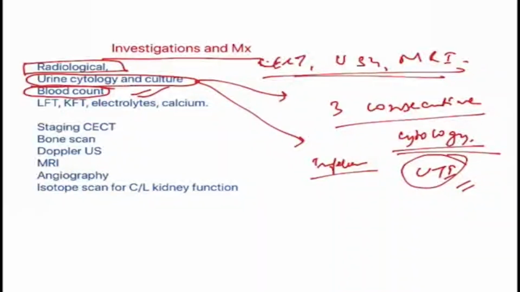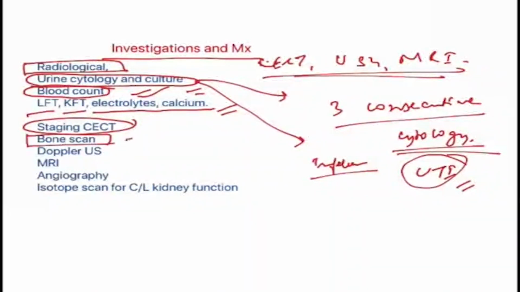Then blood count is done to see the normal status of the patient, hemoglobin level and packed cell volume, and in paraneoplastic syndrome polycythemia can be seen. Besides that, liver function test, KFT, kidney function test, electrolytes and calcium are also checked.